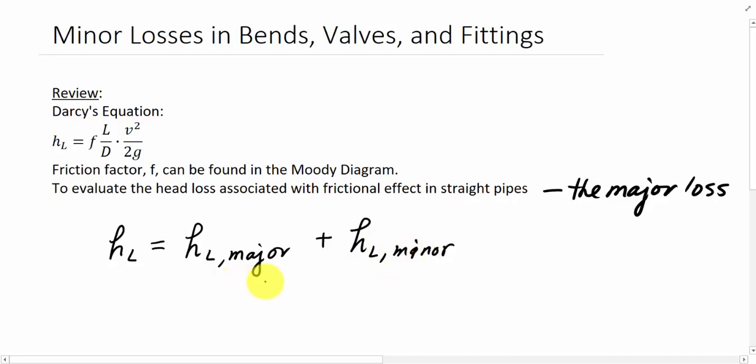Please note this word major and minor does not really reflect which one is more important. Sometimes when pipe is very short and has a lot of components, the minor losses may be even larger than the major loss.